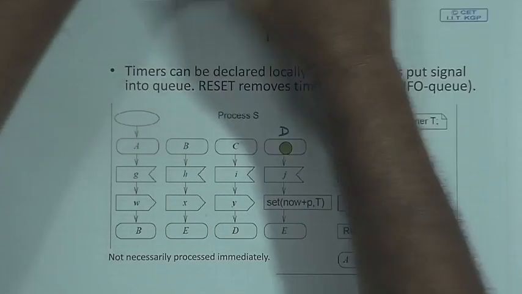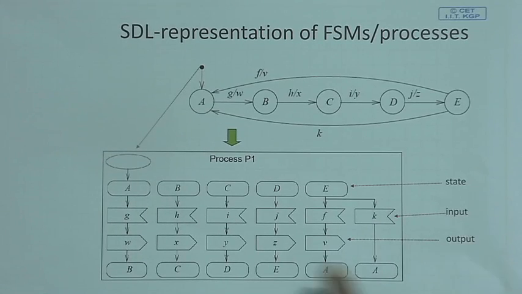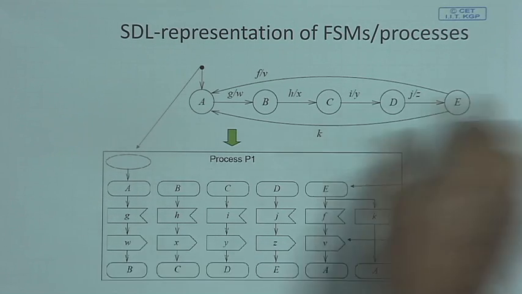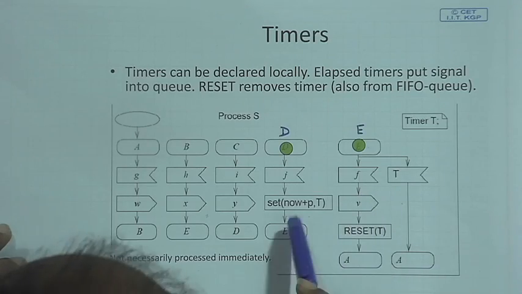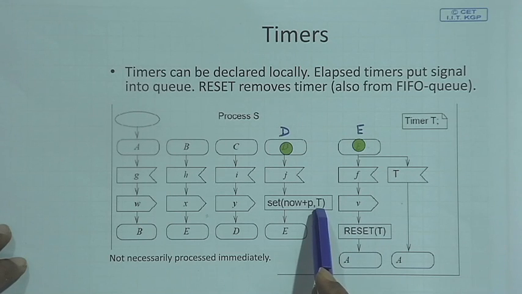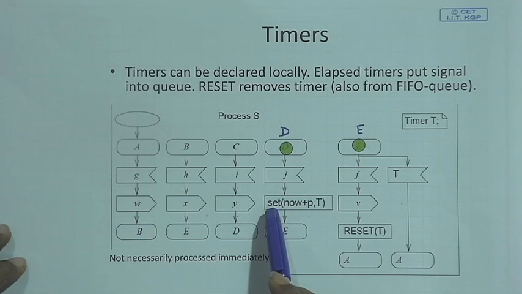Let me go back and find that diagram. On D, I was waiting for the event J. Now, on event J, I produce Z and go to E. That one I am now representing differently, I am not producing Z here. Here I am setting a timer. Look at what is written. Set, that means set the timer to now plus P.